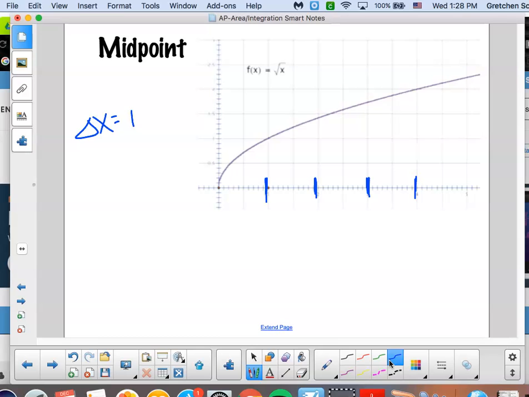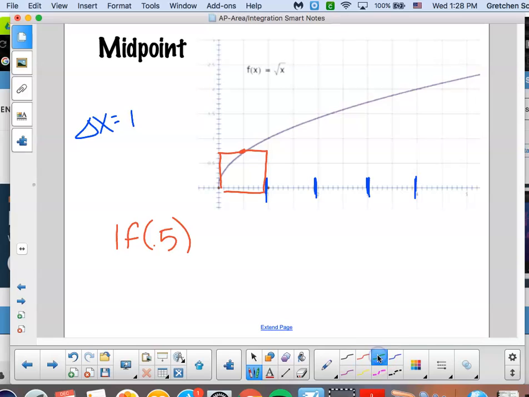In this case, it's really nice. What's the middle of 0 and 1? 0.5. There's nothing wrong with building it as you draw your picture. So your first rectangle has a width of 1, and its height is being determined by which value? 0.5. This is how I generally do it. I draw the rectangles and write the little equation as I go.